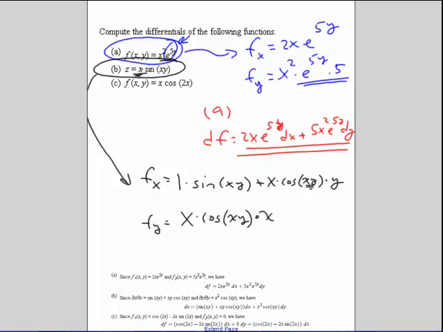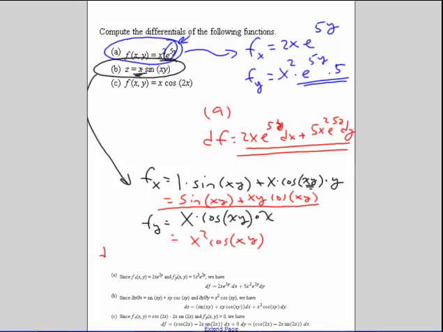Simplifying these a little bit, we have sine of xy plus xy cos of xy, and here we have x squared cos of xy.